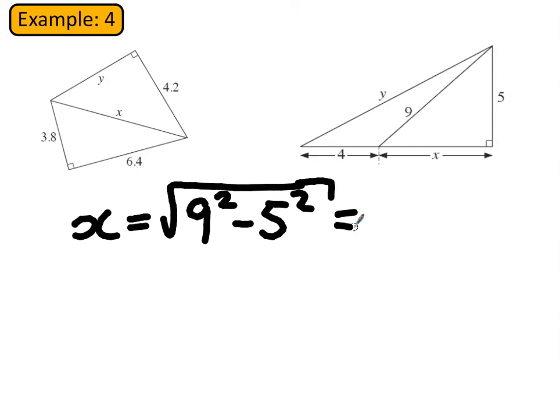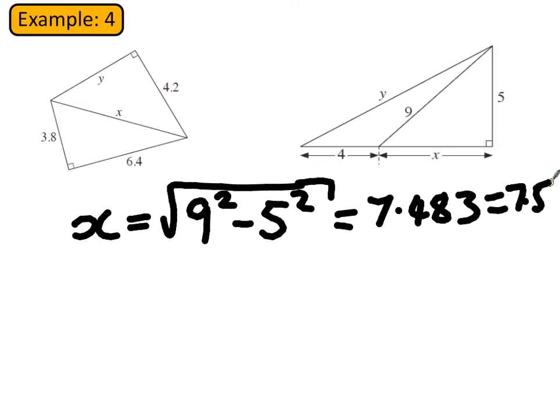So if we work out what that is, we're going to get an answer of 7.483. Rounded perhaps to 7.5, but I use the 7.483 because I want to include that in my calculation so I get an accurate answer for now finding y, because I'm going to need that to find that y.